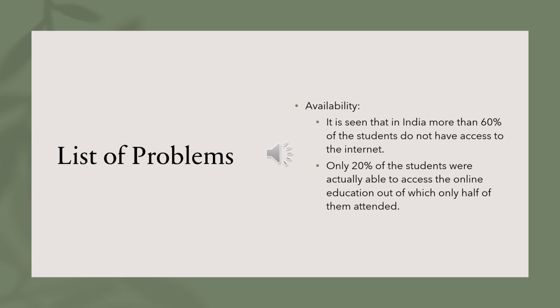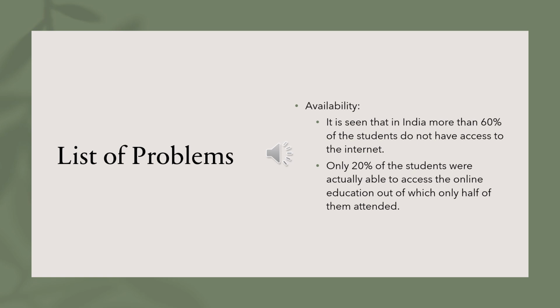One of the biggest problems faced, especially in India, was the lack of access to the internet. It was seen that more than 60% of the students did not have access to the internet. This came in the form of not having the right equipment or having issues with the data connectivity or data usage.